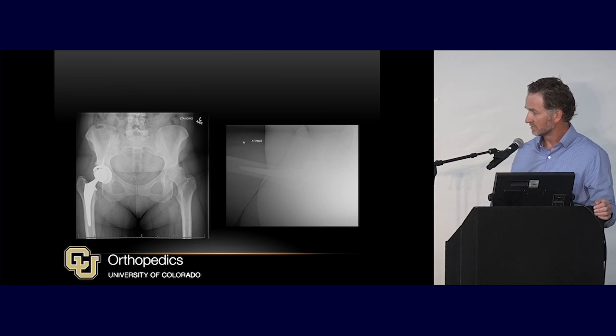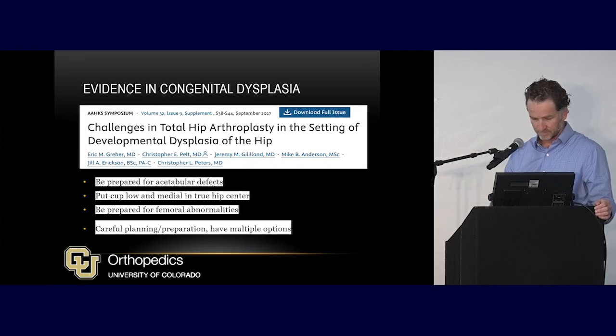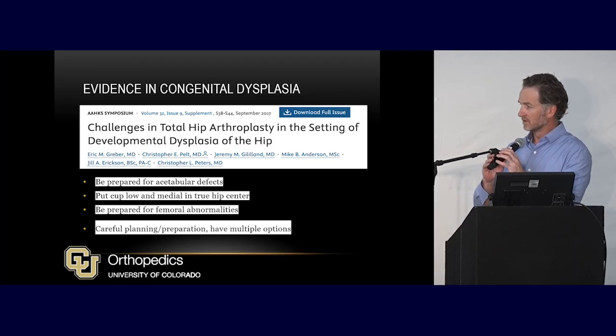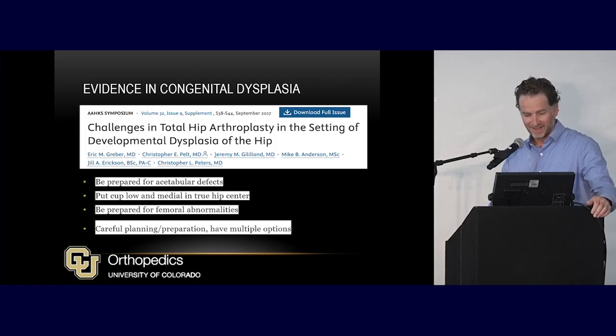Anything else? I have a follow-up question. In revision settings where the bone is mush and there's not much bone there, how do people deal with those anterior retractors? We'll discuss that at lunch. Nothing too different. I actually tend to cheat my anterior retractor.